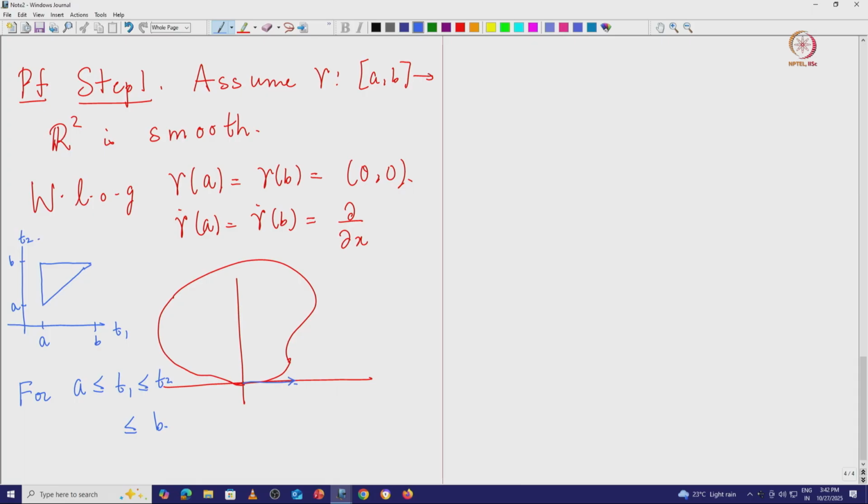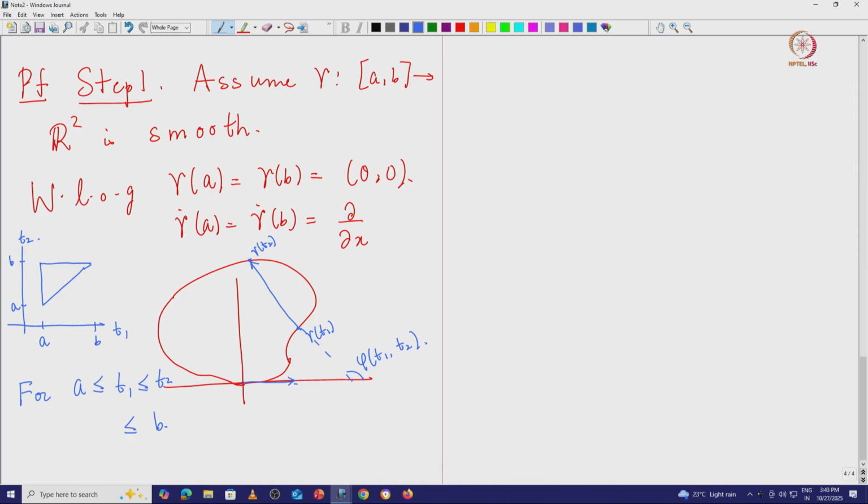So let us say this is gamma of T1 and this is gamma of T2. I want to look at the secant line whose tail lies at gamma of T1 and head lies at gamma of T2, and I want to look at the angle it makes with the x axis. I want to call that phi of T1 T2.